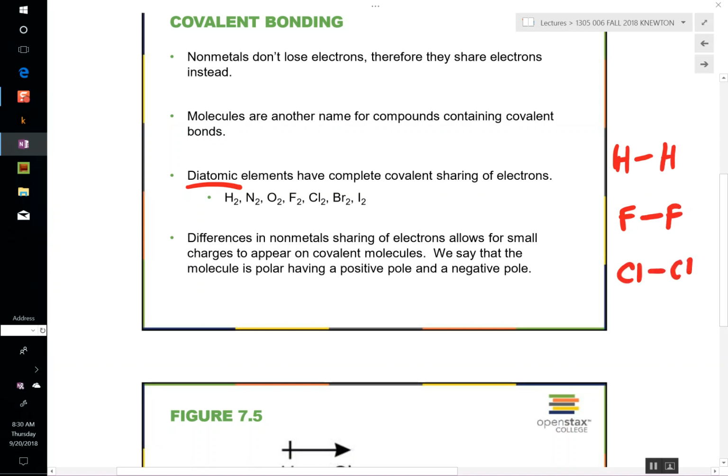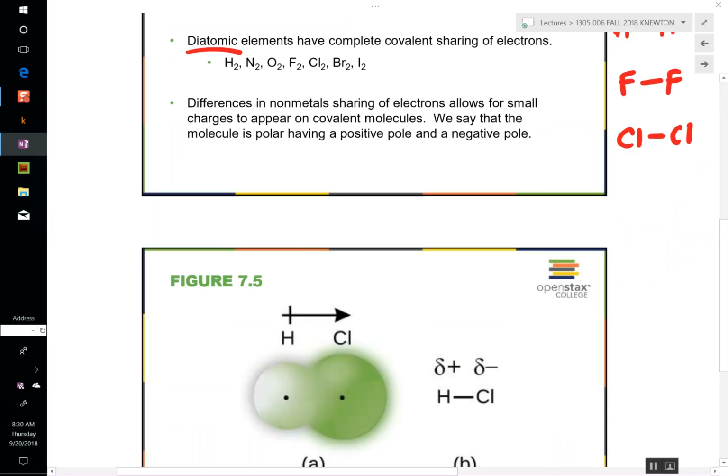Chlorine looks like this. The two atoms on the two sides of the covalent bond are identical. These are identical twins. Okay? Getting back to the family. There is complete equal sharing of the electrons between those atoms.